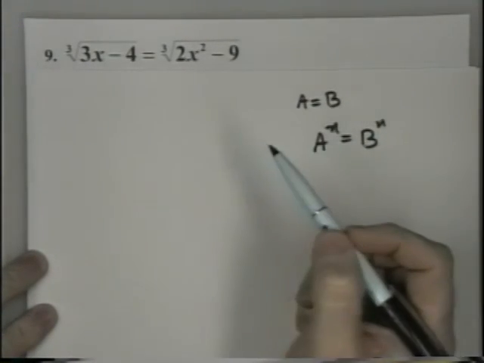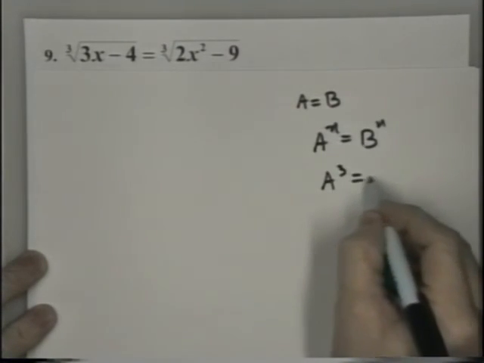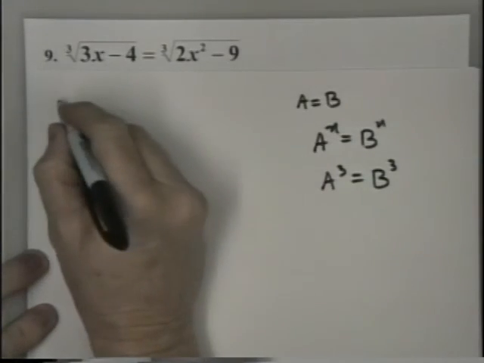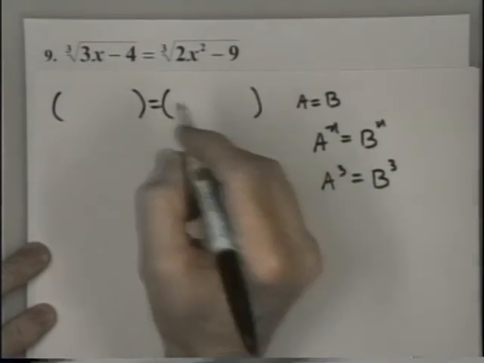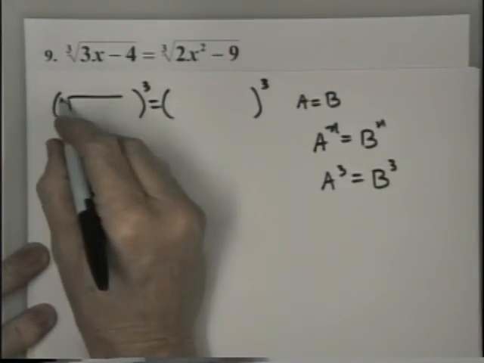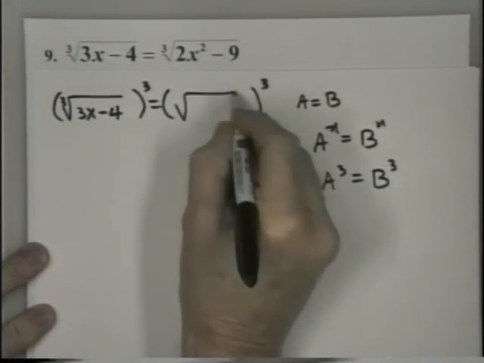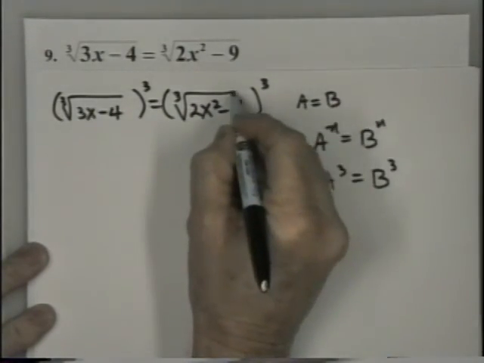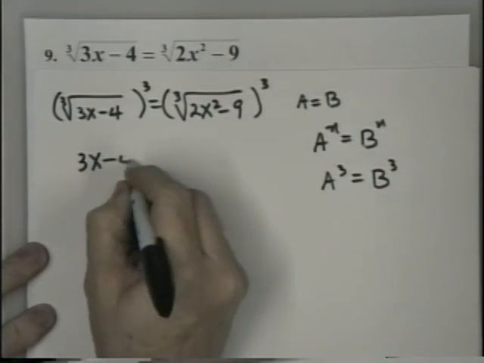In this case, since it's cube root, we want to cube both sides, surely. So that's what we're going to do. We're going to put everything in parentheses on both sides and cube it. It just happens that what we're cubing is a cube root, and when that happens, we know we get just what's underneath the radical.